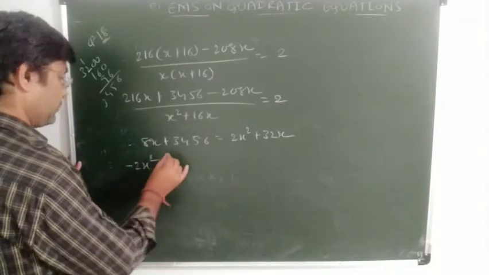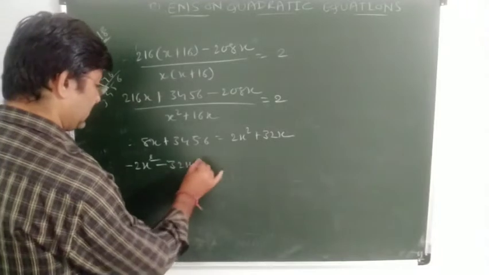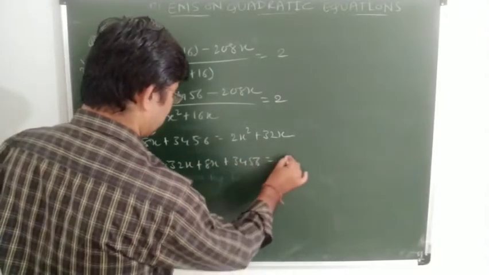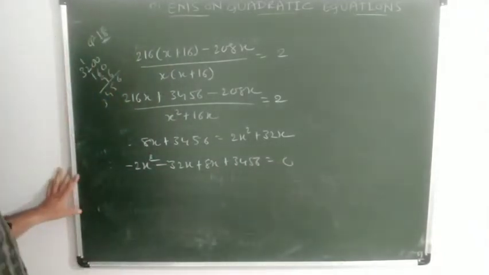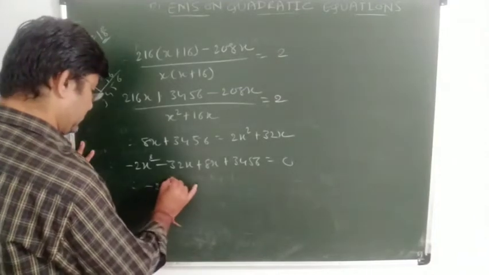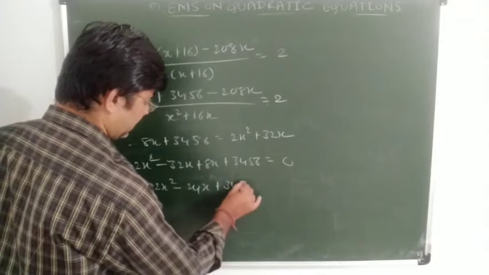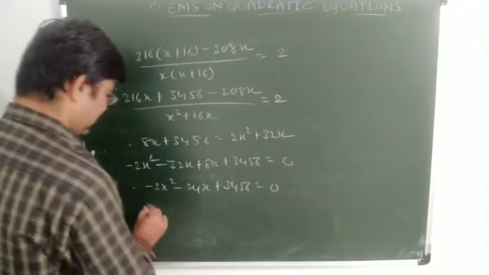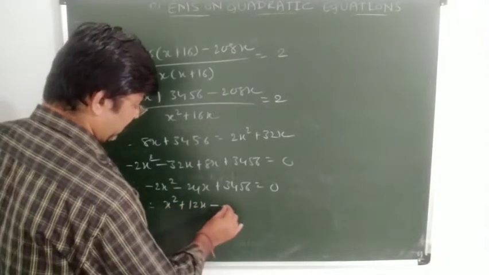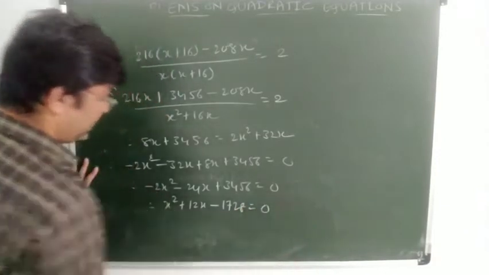Therefore minus 2x square minus 32x plus 8x plus 3456 is equal to 0. Therefore minus 2x square minus 24x plus 3456. Taking minus 2 common, we have x square plus 12x minus 1728.